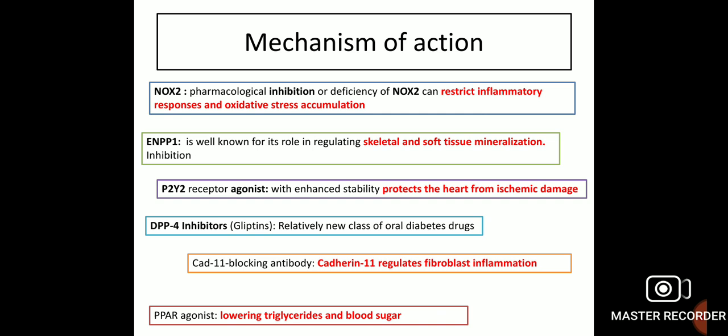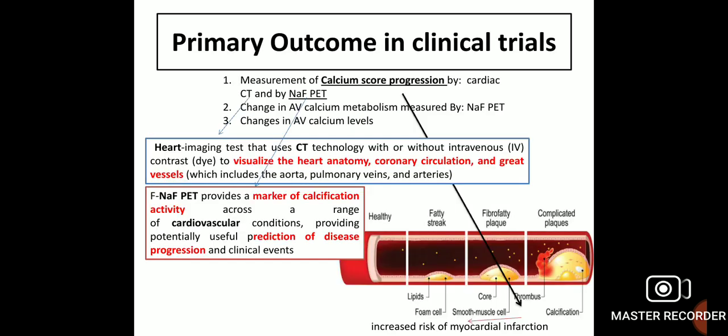So that is how calcification and the other triggering mechanisms can be prevented. Then PPAR agonist, that is responsible for lowering triglycerides and blood sugar levels. These agonists are also tried in reducing obesity, so for the treatment of obesity.